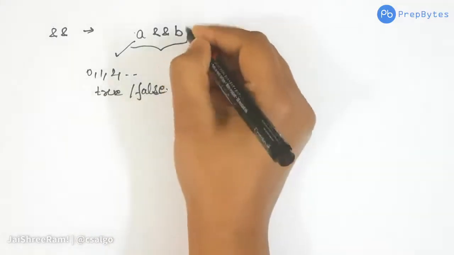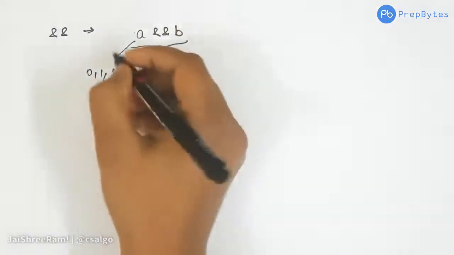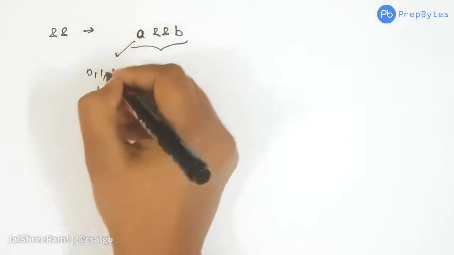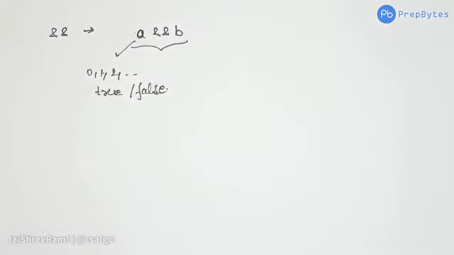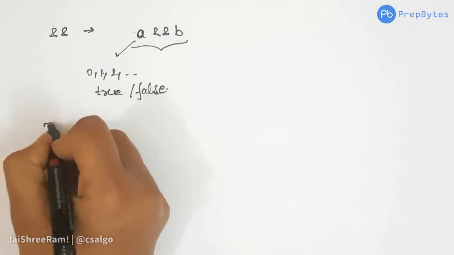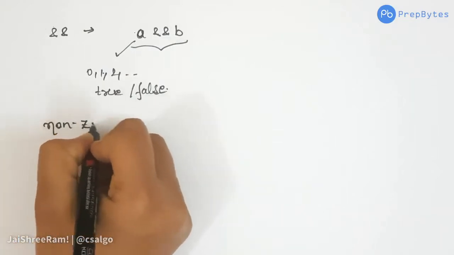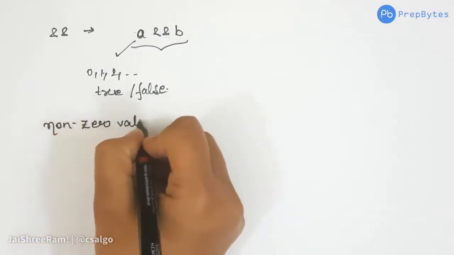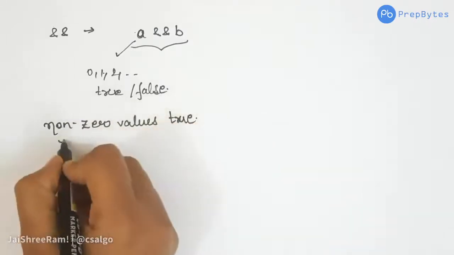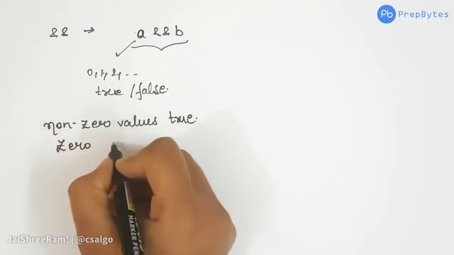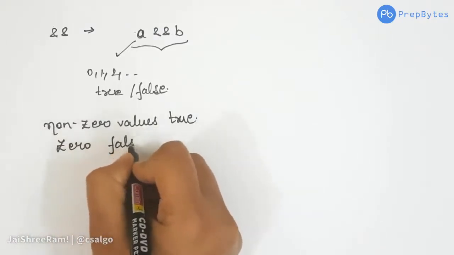Similar is the case with B. Whenever A has a value like 1, 2, or any non-zero value, that is considered to be true. So non-zero values are considered to be true and 0 is considered false.